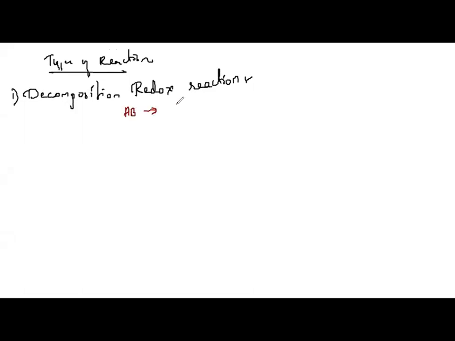It breaks down into two simple compounds, or into two or more components. It might be more also. One of which must be in elemental state. If you get two products, one should be in elemental state. If you get three products, one should be in elemental state. Okay, I'll give you the example to make you understand this.